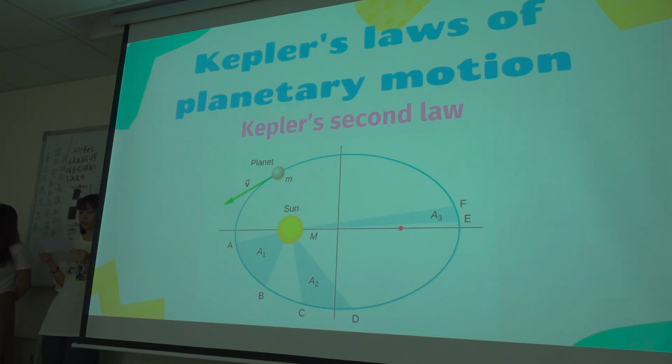The second law states that a planet sweeps out equal areas in equal time. That is, the area divided by time, called the area velocity, is constant.